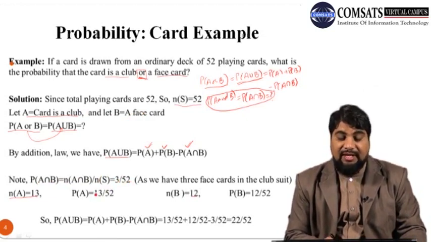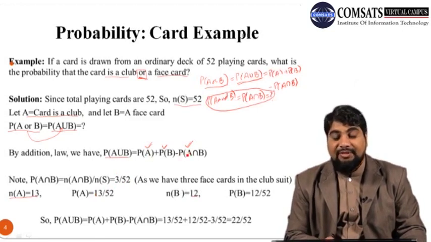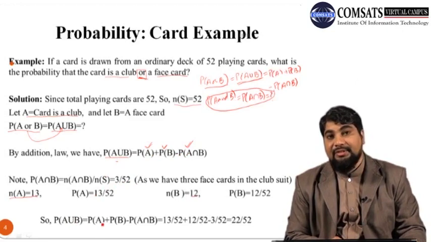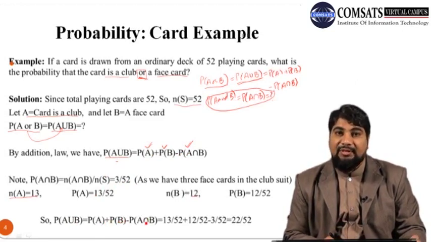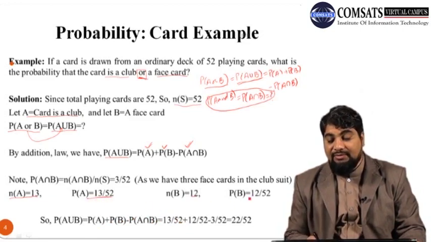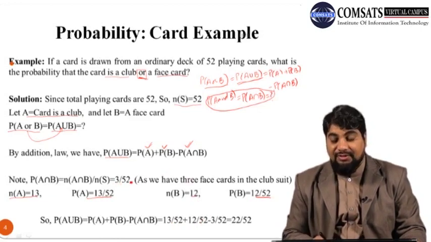Once we have all these probabilities in hand, we can use the formula: probability of A union B is probability of A plus probability of B minus probability of A intersection B. So 13 by 52, the value of A, plus 12 by 52, the value of B, minus 3 over 52.